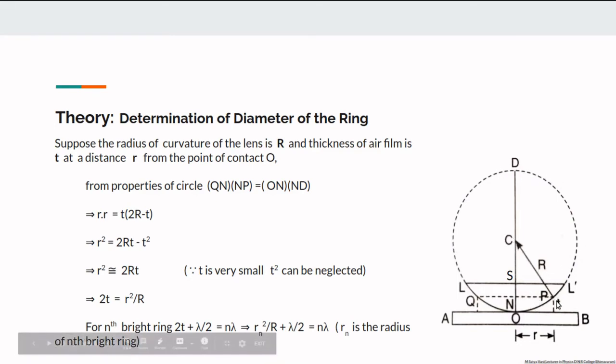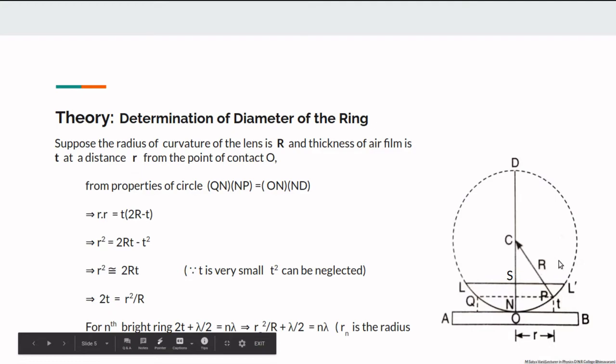This is the radius of the sphere from which the lens is taken. This radius is called the radius of curvature of the lens. Radius of curvature is nothing but the radius of the sphere from which the lens is taken. This is the sphere from which this lens is taken. This is the radius of the sphere.